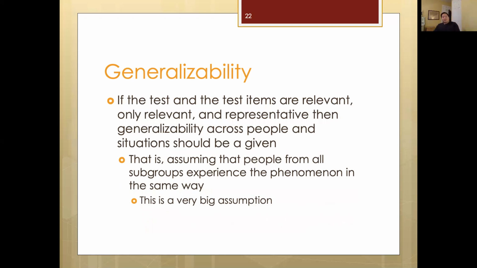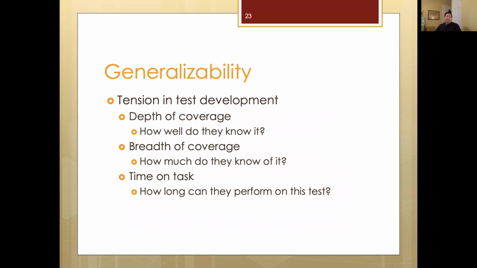So if the test and the items are relevant and representative across people, then you can give it. Again, it's not necessarily providing evidence for or against this or testing it. You want to think through this. So there are tensions when you're developing a test.